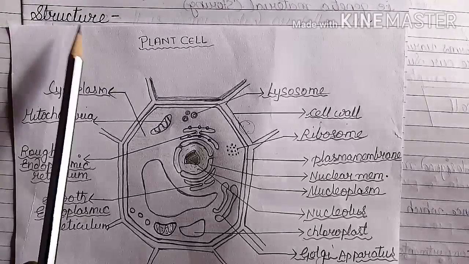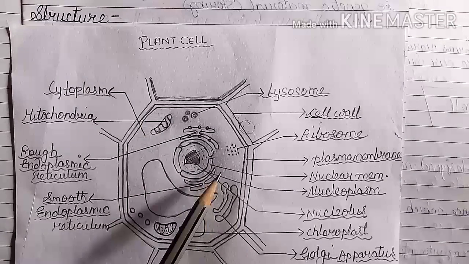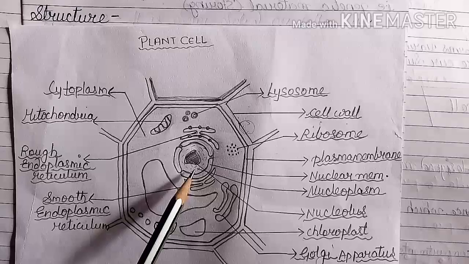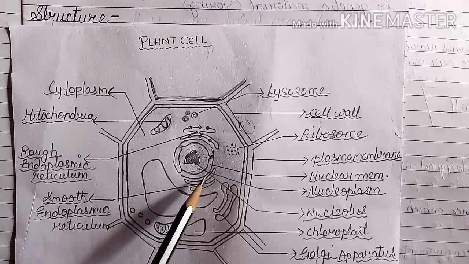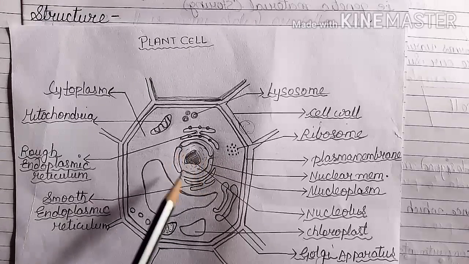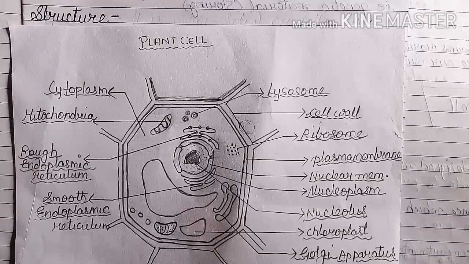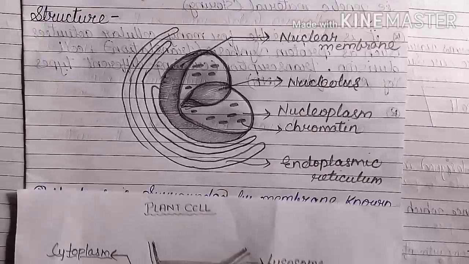Let's see the structure of nucleus. This is the basic structure of nucleus. Let's see its cutout section, or this structure of nucleus in detail. If we cut this nucleus, it appears like this.